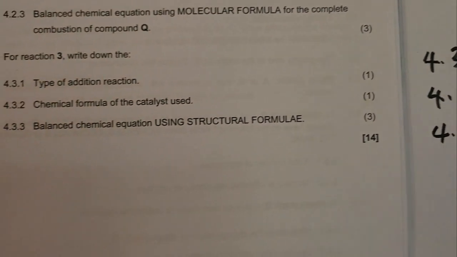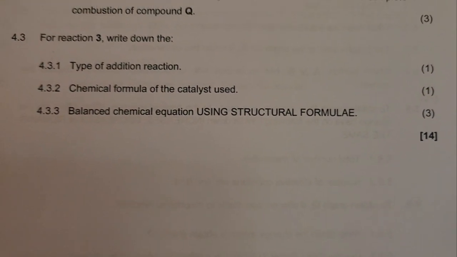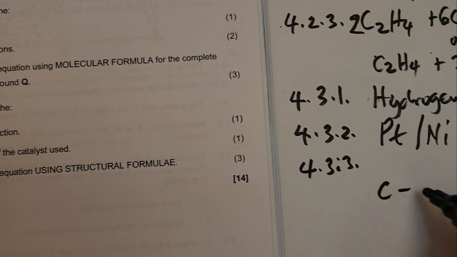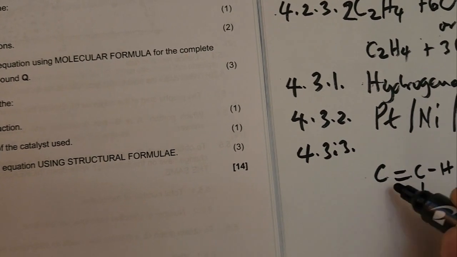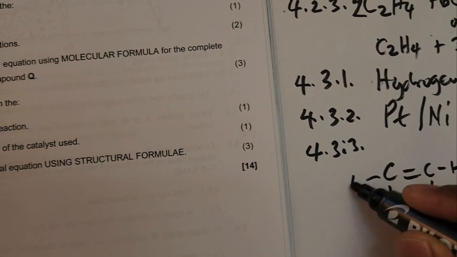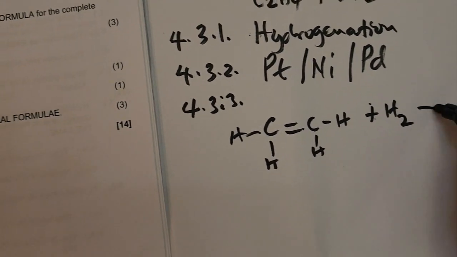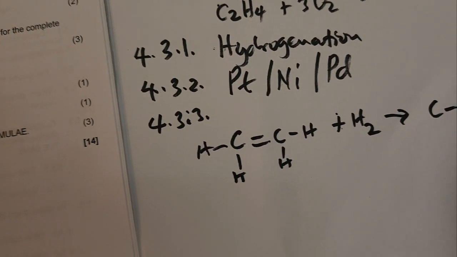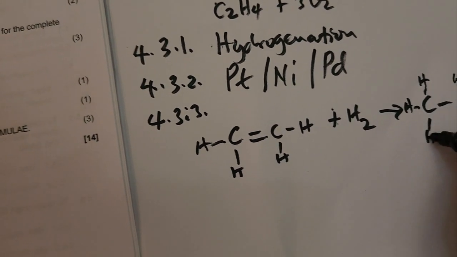4.3.3, that's the last question in this. Write down the balanced equation using structural formulae for reaction 3. It's starting from ethene, 1 double bond, with hydrogen, hydrogen, hydrogen, hydrogen. We add hydrogen here. It will now be hydrogen, hydrogen, hydrogen, hydrogen, hydrogen, hydrogen.